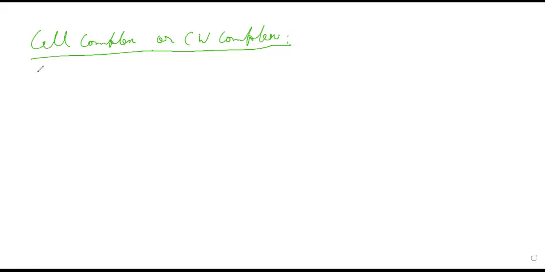So basically, they are subspaces of Rn. You can say that, we cannot say that they are subspaces of Rn. So they are identification spaces of a collection of spaces.